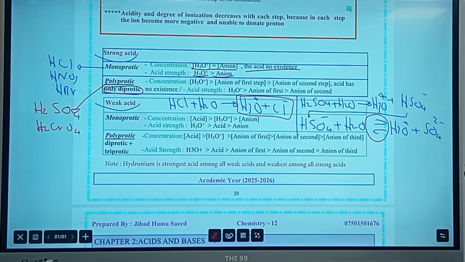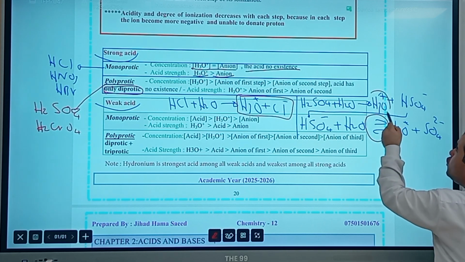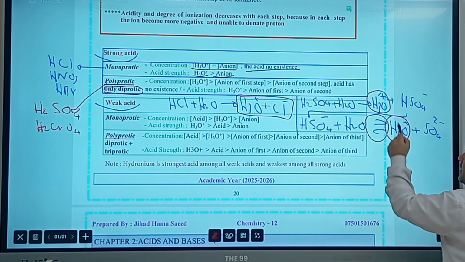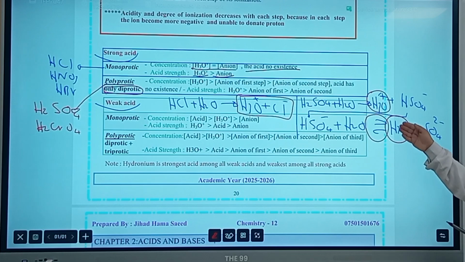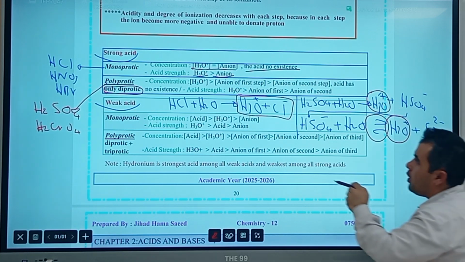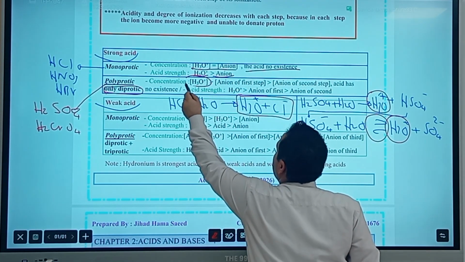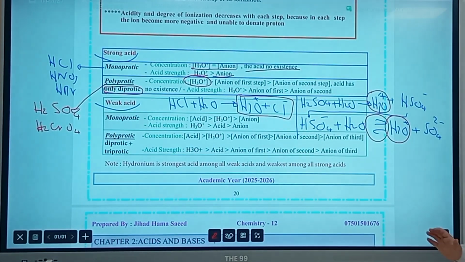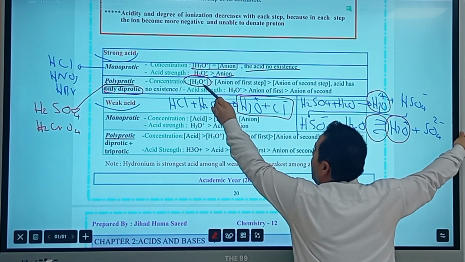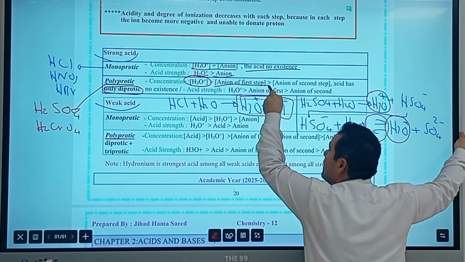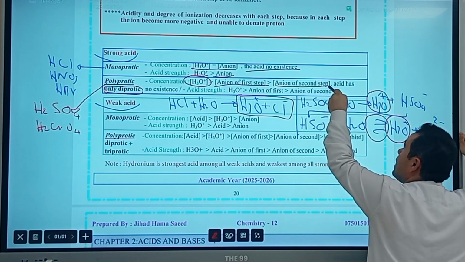So in terms of concentration, guys, as you can see, hydronium is formed twice in the solution. It's not possible to say the hydronium has the same concentration as the anions. The hydronium is produced in 2 steps, so hydronium has the highest concentration, followed by the anion of the first step, and then the anion of the second step.